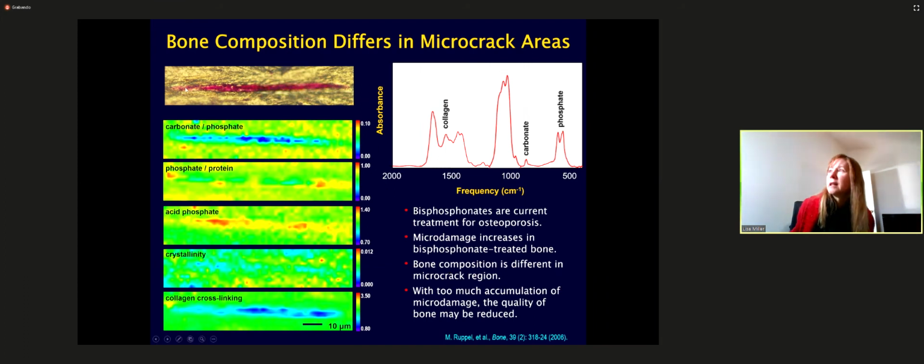So the crack is forming, but you get changes in the carbonate, you get changes in the acid phosphate, and you get dramatic changes in the collagen around this bone. So as microcracks accumulate, the composition of your bone is progressively getting different, and this accumulation could definitely increase the propensity for microfractures.